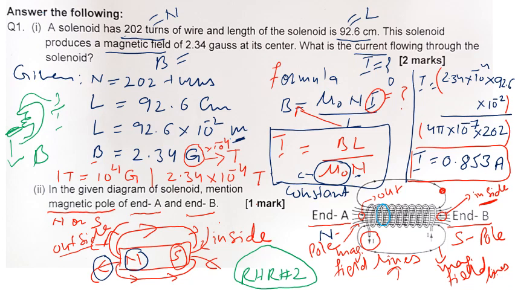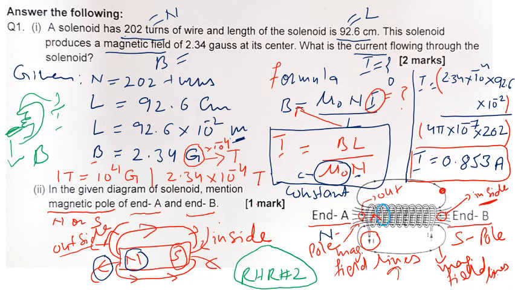So here you have to identify the direction of the current flowing in the coil. Here the current is moving like this way. In the last loop, the current is going this way, from here to here.